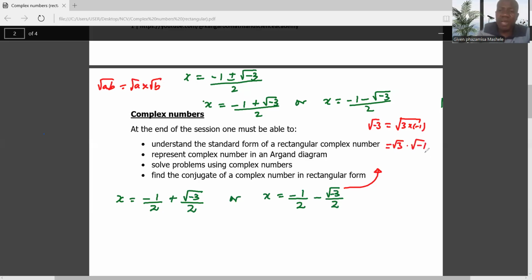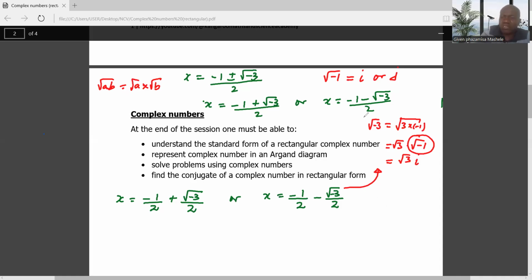From now on, according to complex numbers, they denote the root of -1 to be equal to i. In other books, they use i or j, but in this context I will use i. So we can rewrite this as the square root of 3 times i.